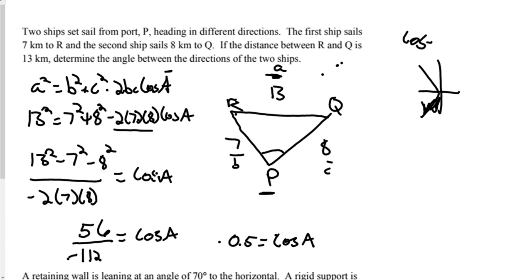And if you use your reference angles, you know that cosine of a half is actually 60. This would be 120. So if you figured this out, you know your A value is 120.